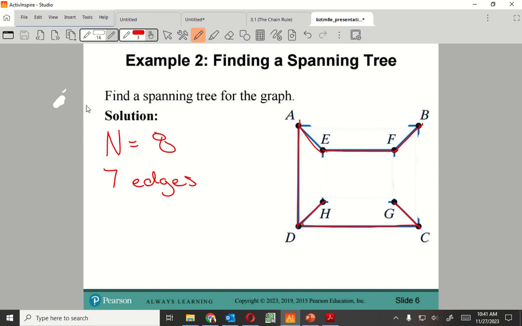Now, are all of them connected? There's only one road to go from B all the way to G, right? And is there anywhere on that where I could make a circuit? No circuits on there, right? No, sir. So that's the best way to actually go through.